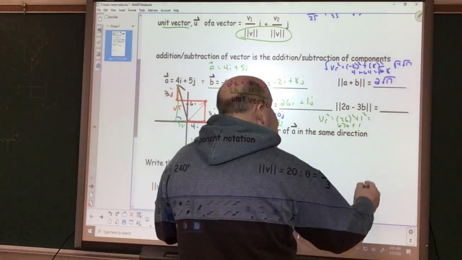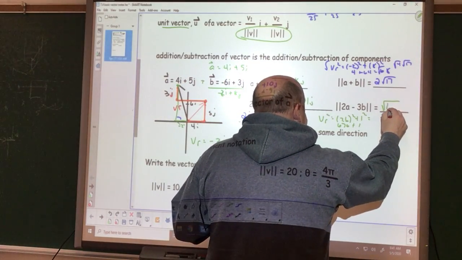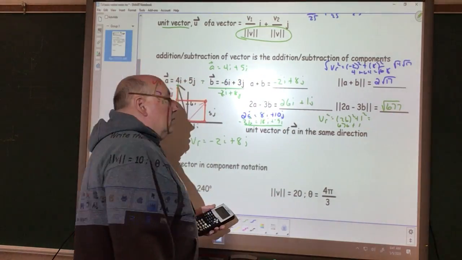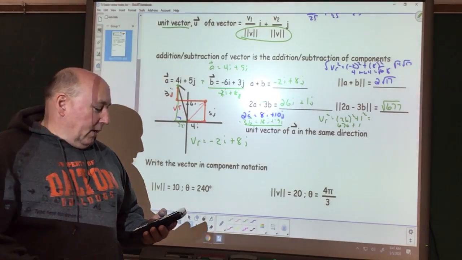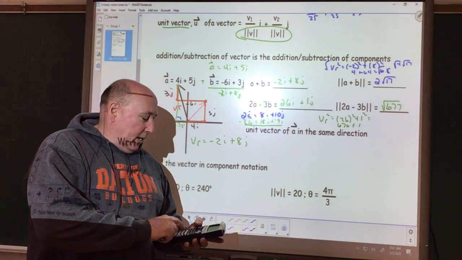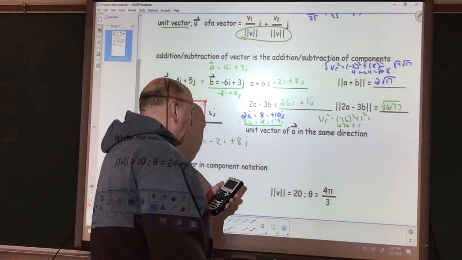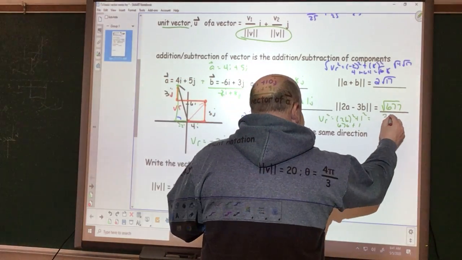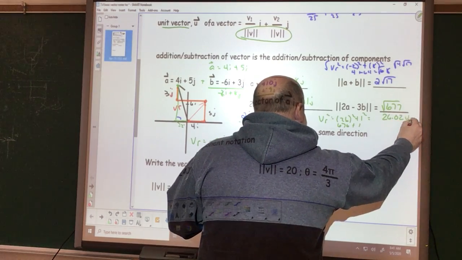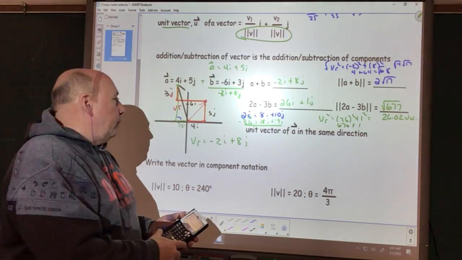So we have the square root of 677. And if I want a decimal approximation, I can do that: about 26.02 units.